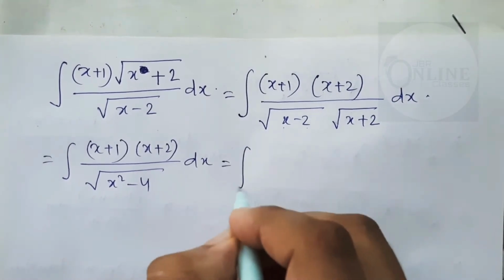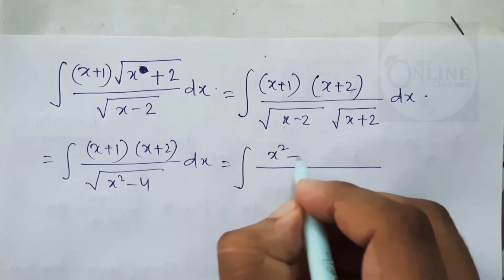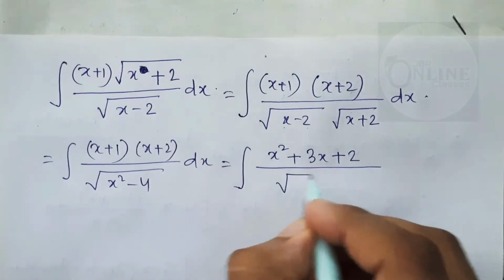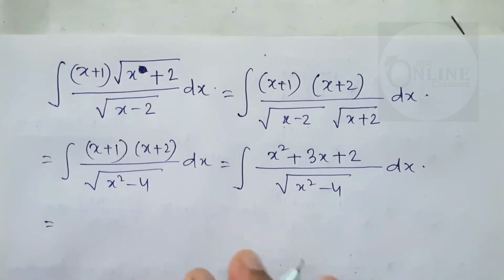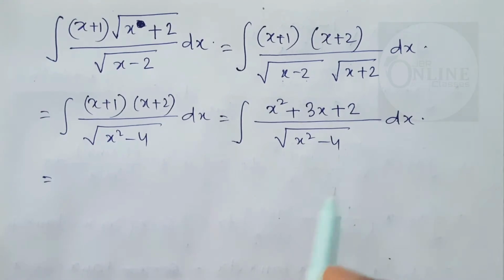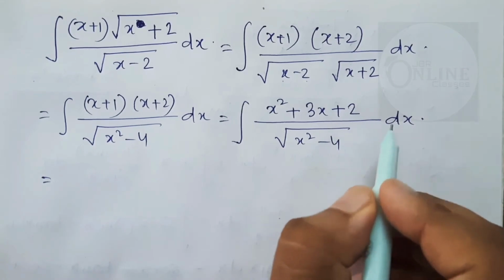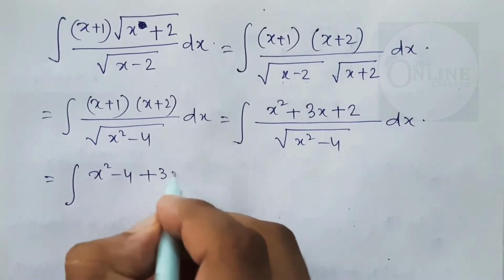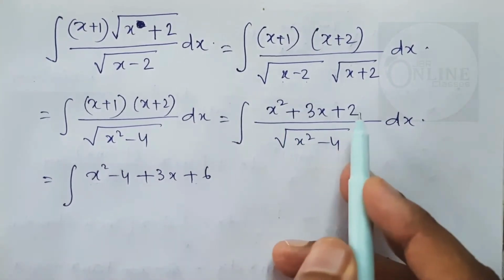Now I am going to multiply these two factors. So it is going to be x square plus 2x plus x, that is 3x plus 2, and the root is as it is. Again I am going to do it by calculation only. I am writing this 2 as 6 minus 4. So I write x square minus 4 plus 3x plus 6; this is the same as before, isn't it?